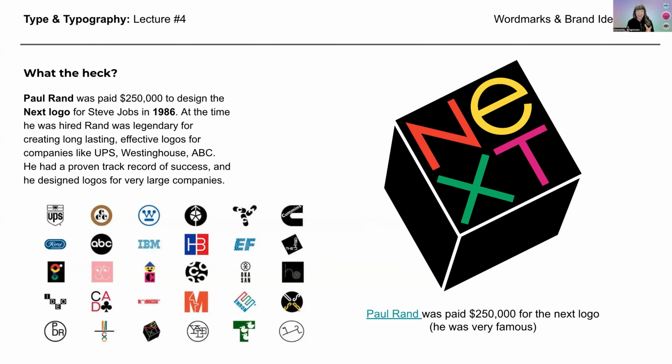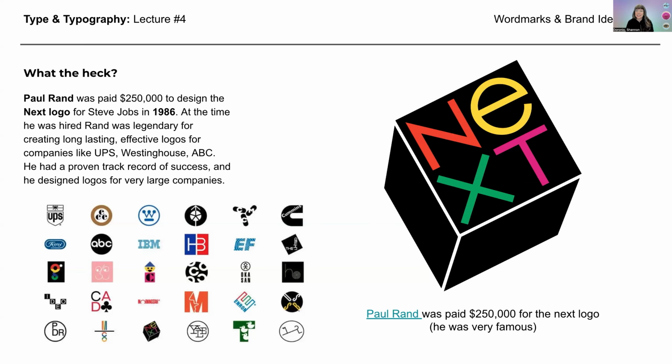And so the other part of this story that I really love is that when you build up a reputation, the kind of reputation that Paul Rand had, and you're really highly sought after, and your work is deemed extremely valuable and high paid, you can start swinging your weight around and be a little bit more sassy in your terms.